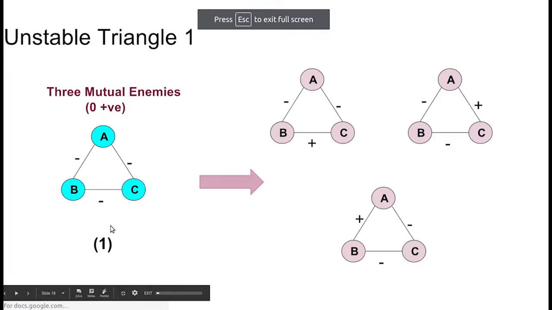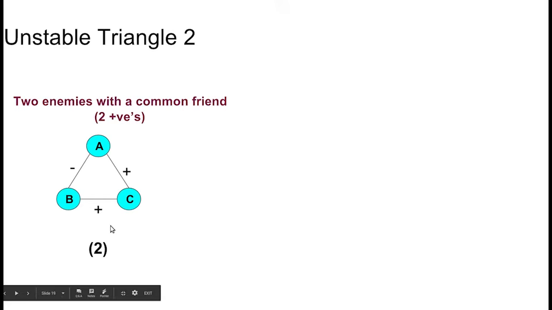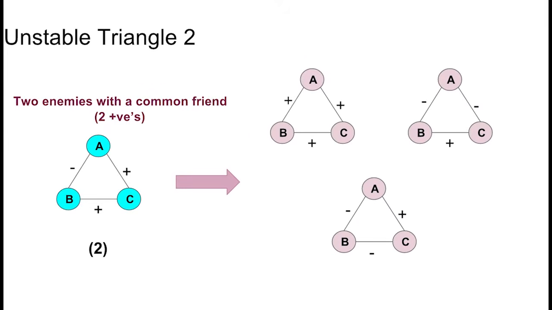So here you see there are two kinds of unstable triangles: unstable triangle 1, unstable triangle 2. Let's consider this case first. This is an unstable triangle where the number of plus is 2. In this case, this state can be moved to any one of these three states. Now what are these states?